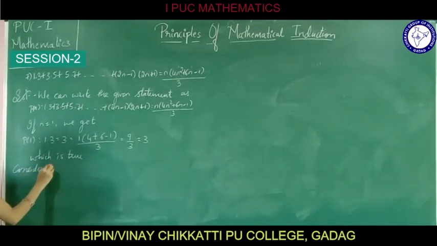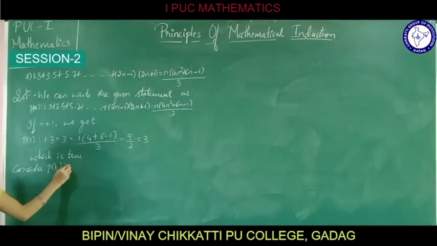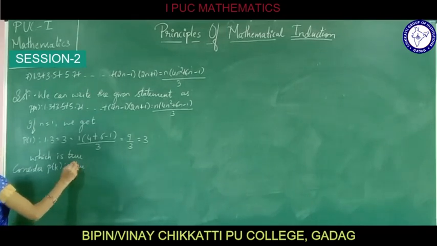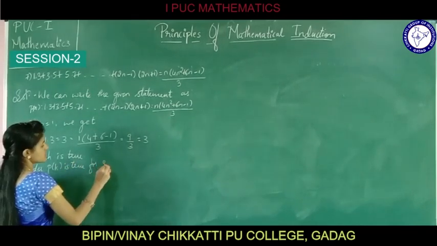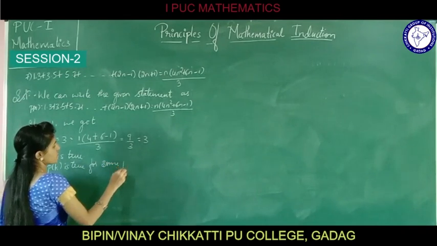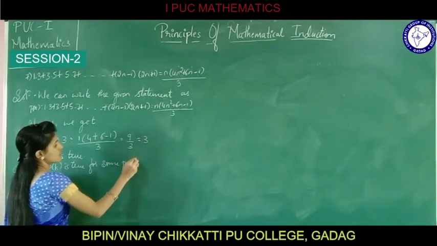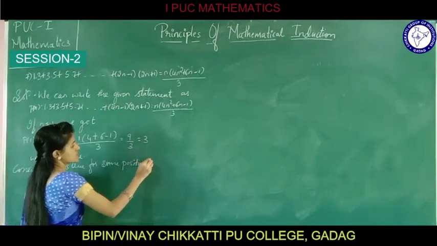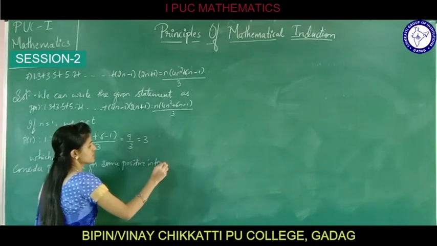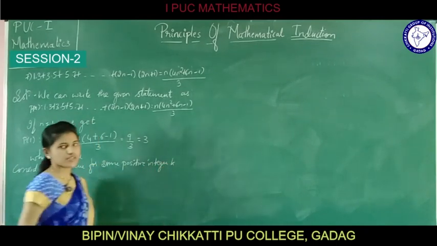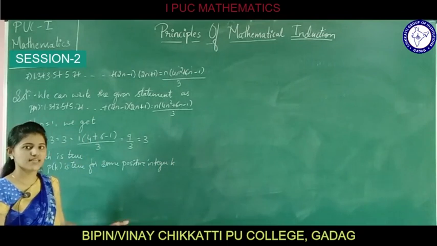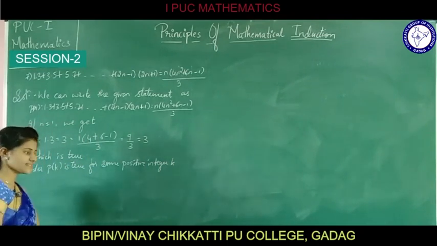Next, consider P of k is true for some positive integer k. If it is true for some positive integer k, how are we going to write this again?